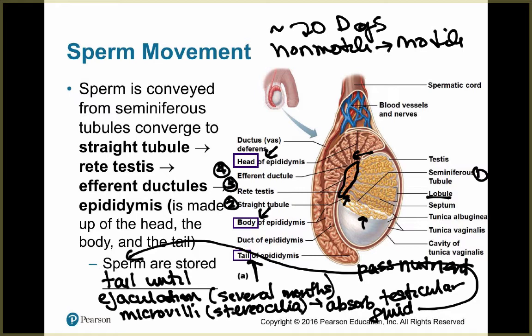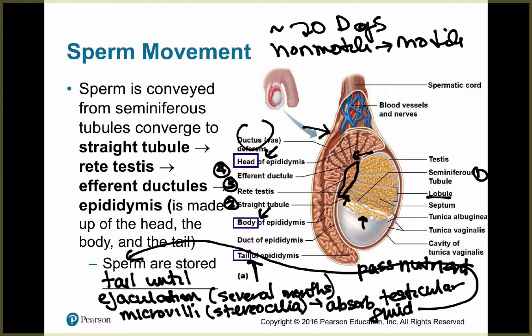And so during the process of ejaculation, the sperm is going to leave the epididymis and go into this area at the top called the ductus deferens, or vas deferens, is how I remembered it. So let's go on now from the epididymis area to the ductus deferens or vas deferens.